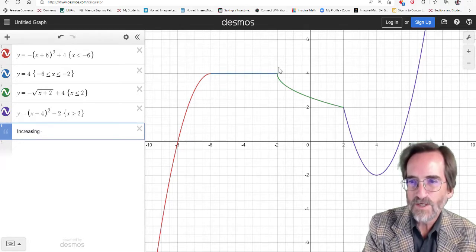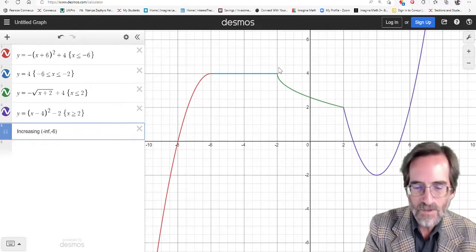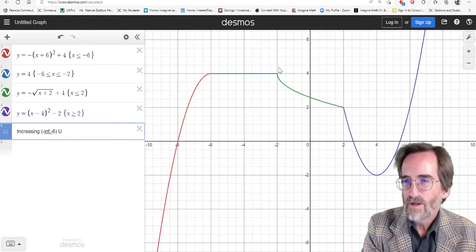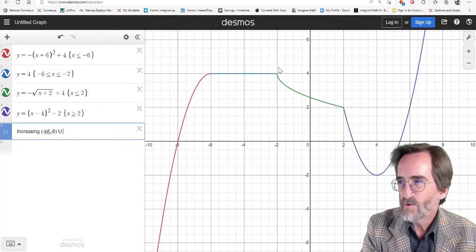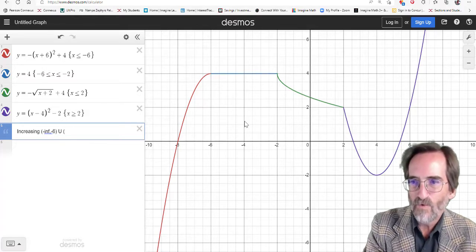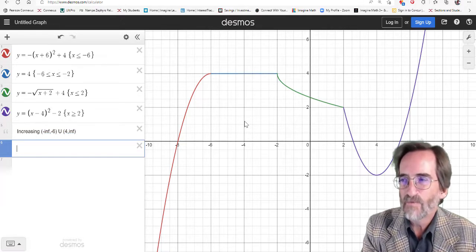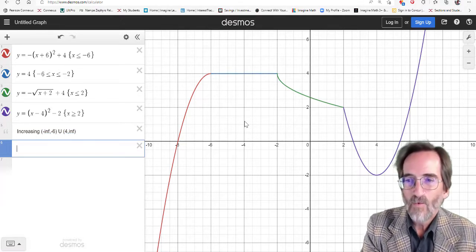So in interval notation, we would say negative infinity to -6. Okay, union. And then, where is it also increasing? It's going up, it's level, going down, it's level, and then it starts going up after 4. So from 4 to positive infinity. That's where it's increasing.